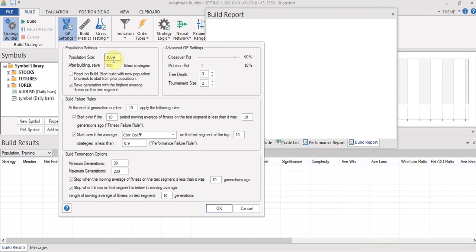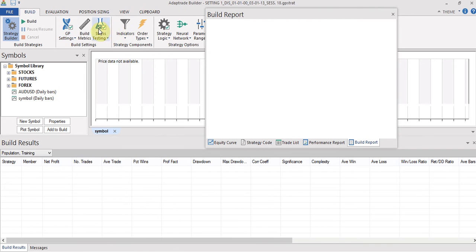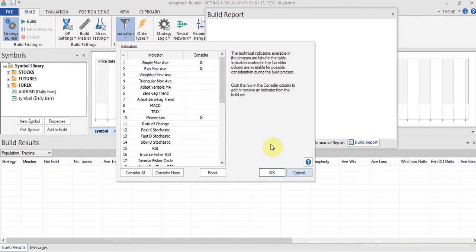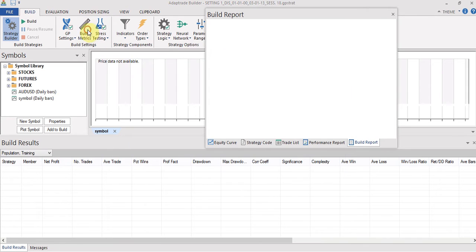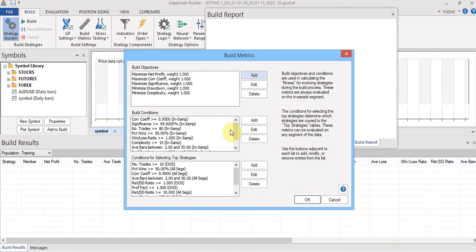You risk getting something not very interesting, with maybe few indicators and low complexity, for example. It's also very important to try different top strategies settings in order to see if you notice some difference among the different builder files.